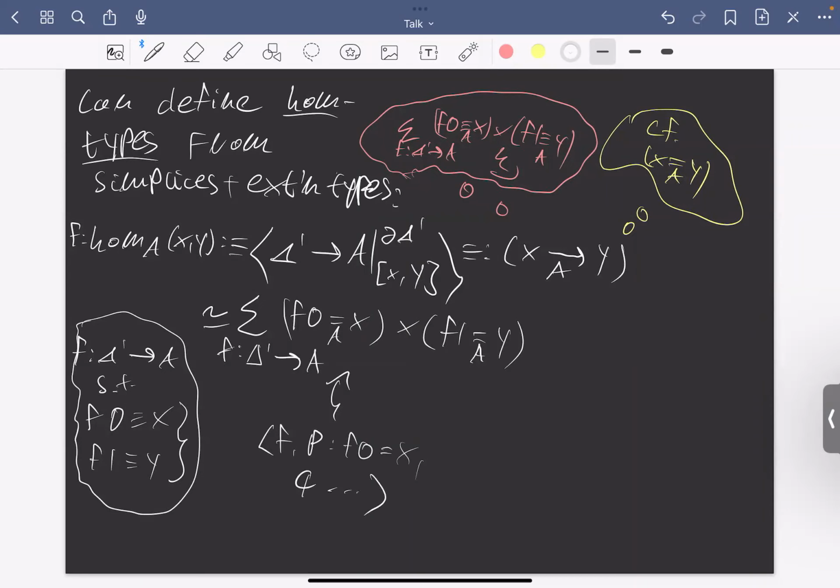So it would be paths from X to Y, but only up to homotopy. I guess, sorry, if that's some X prime and Y prime, the picture would look something like this. So it's not exactly arrows from X to Y, but arrows from some perturbed thing at both ends.